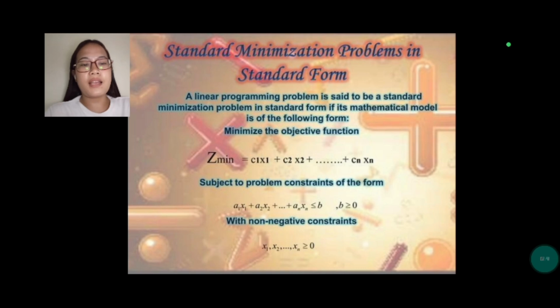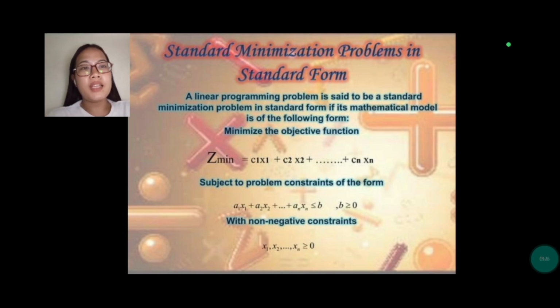A standard minimization is a specific type of linear programming where the goal is to find the smallest possible value of an objective function subject to the constraints. In the standard form, all constraints are inequalities of the type greater than or equal to, and all variables are non-negative.